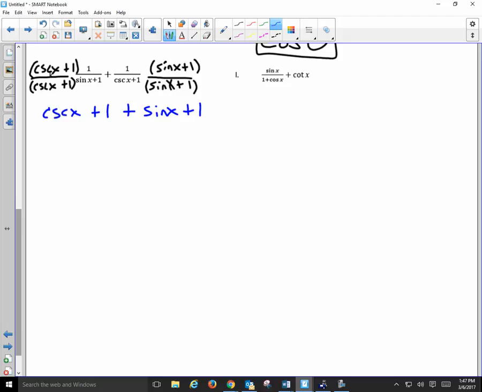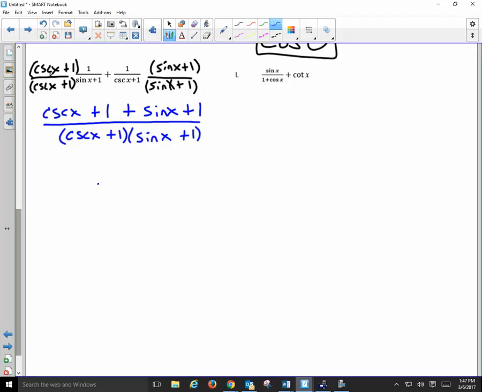Yes, and 1 plus 1 is 2. But look at our denominator. Our denominator is cosecant of x plus 1 times sine of x plus 1. You just cross all out.